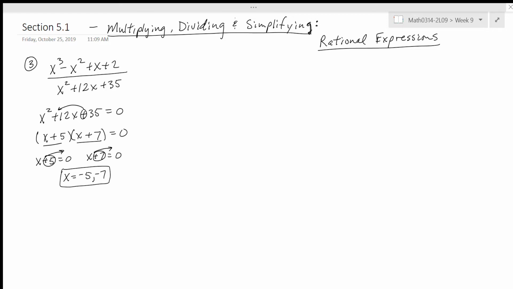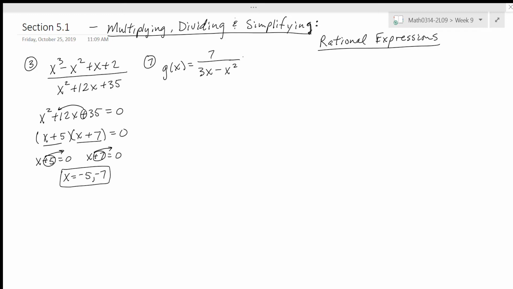Okay, next problem, number 7. And the instructions say, find the domain.